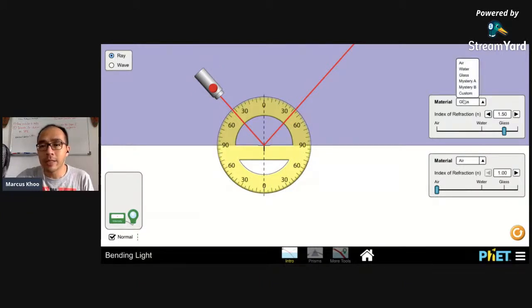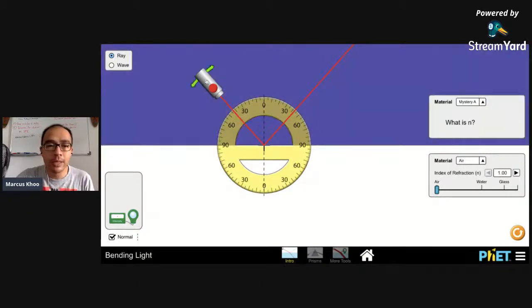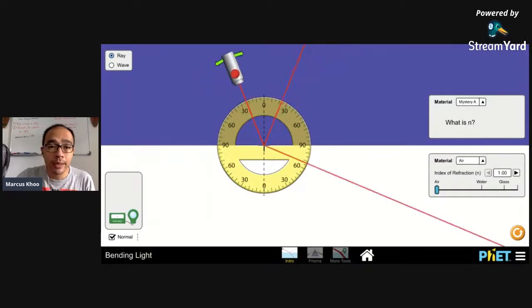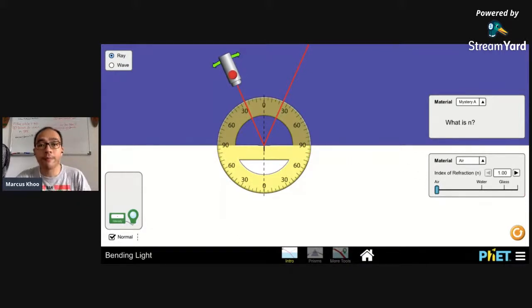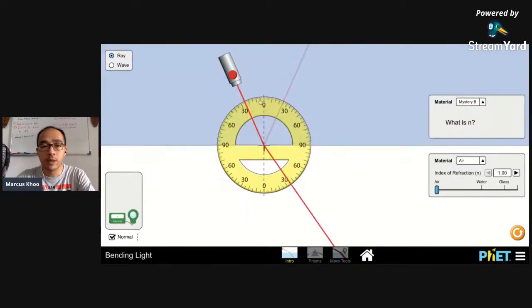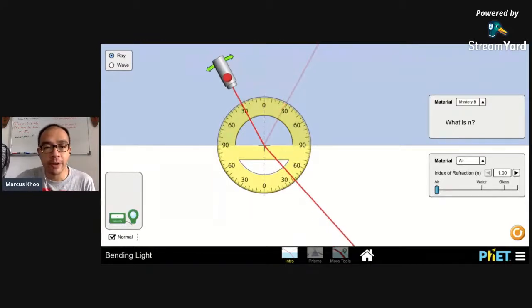The third one is mystery A. The critical angle is about 25 degrees, which we don't know. And lastly, mystery B, which you all should already know the refractive index of, because you already did the experiment, right?